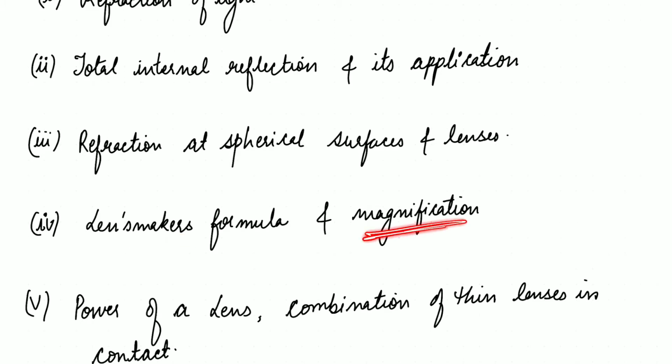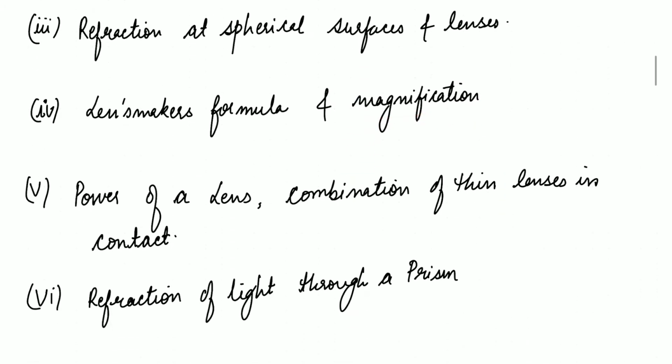We'll talk about magnification. What is the magnification of any particular refraction? Let's say for example you have a lens, and from your lens you are able to get an image, and how much bigger or smaller that image is compared to your object, that is what magnification is a measure of. Next we have the power of a lens.